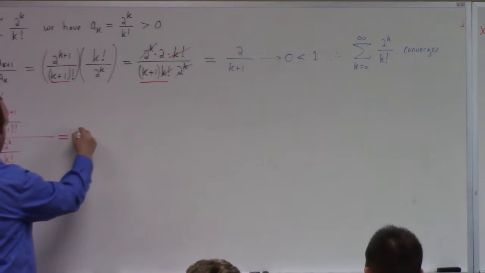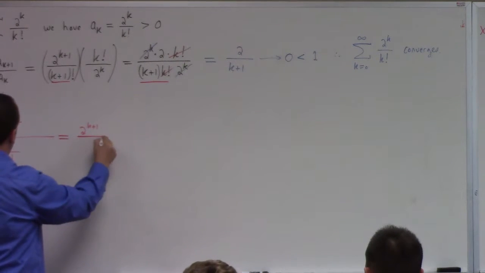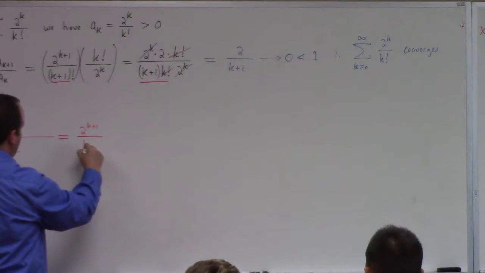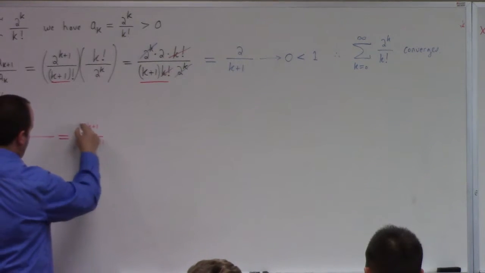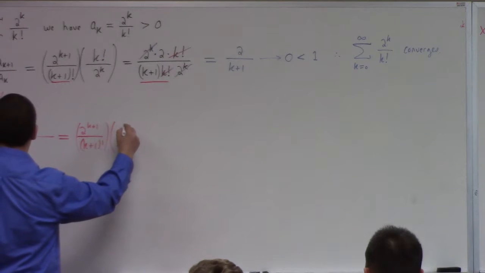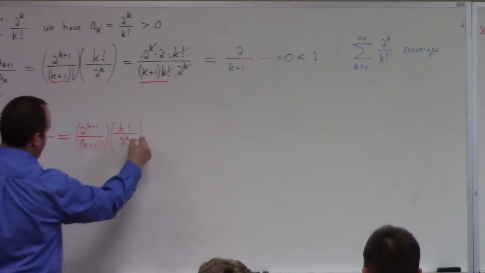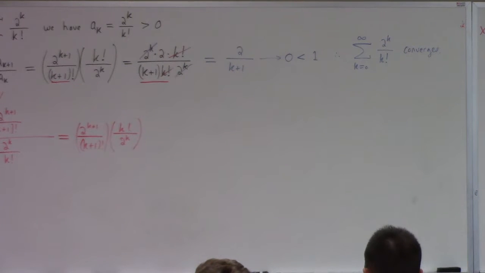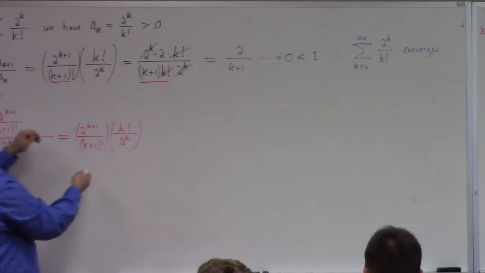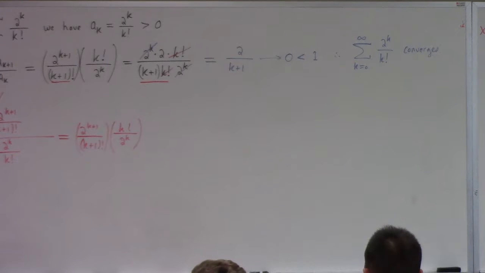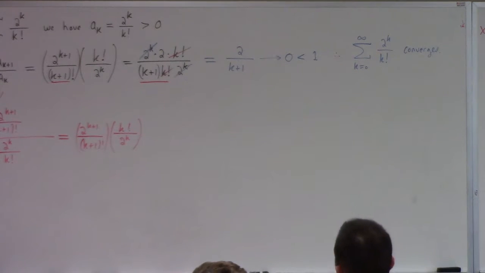This is equal to 2 to the k plus 1 over k plus 1 factorial times k factorial over 2 to the k. I just write this directly because anytime I'm dividing by a sub k, that's the same as multiplying by the reciprocal of a sub k. So the reciprocal of a sub k is just formed by flipping the fraction that defines a sub k.